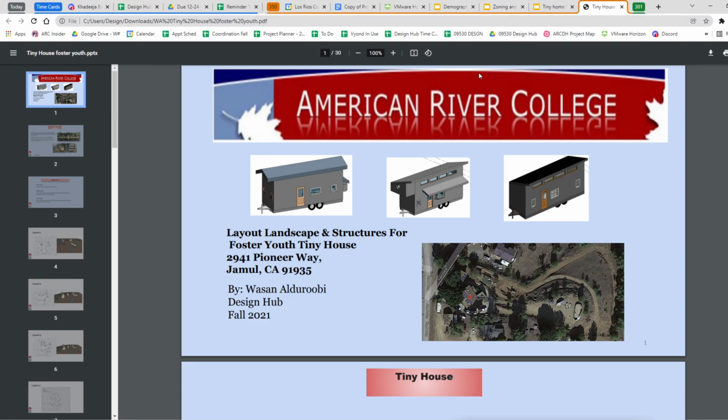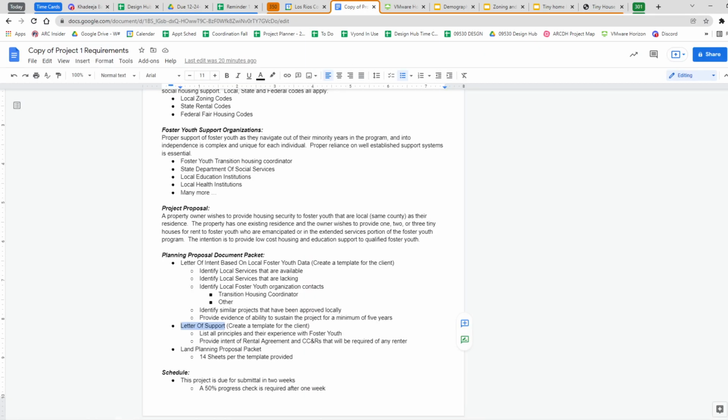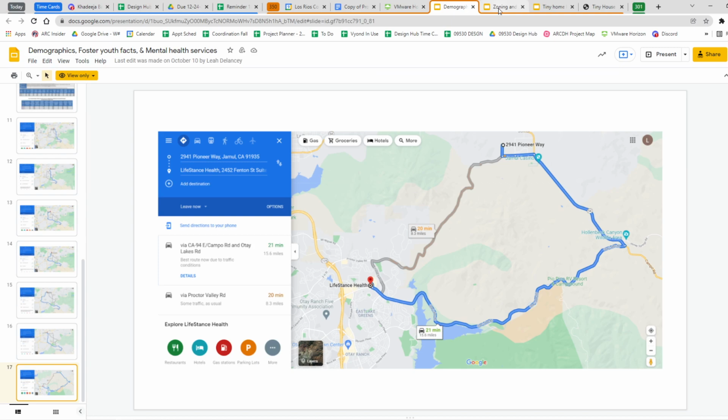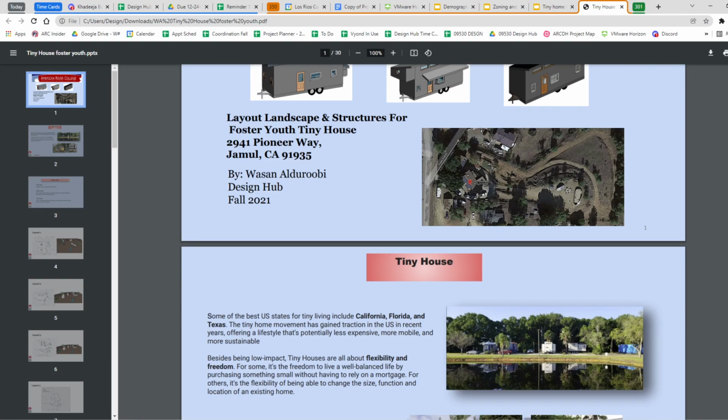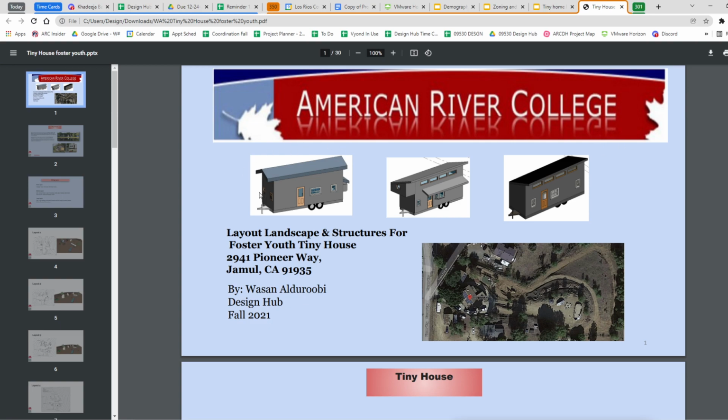Now, what's required for this class is what's shown on here. Okay? The demographics, the zoning, the tiny home, the tiny house. However, if you're interested, you can ask Leah and Wasan if you can incorporate their work to show what a full collaborative project would be, so long as you attribute the work to whoever did it.